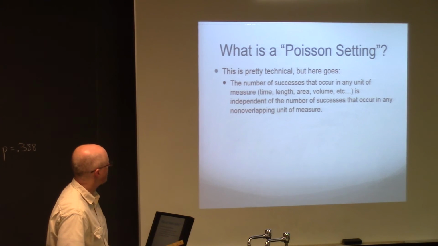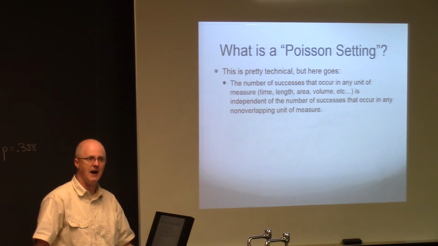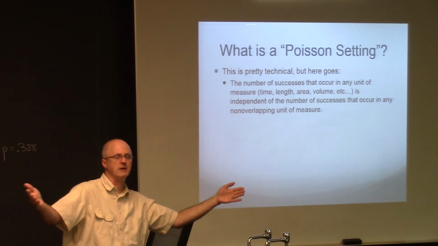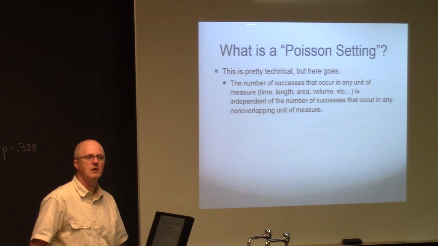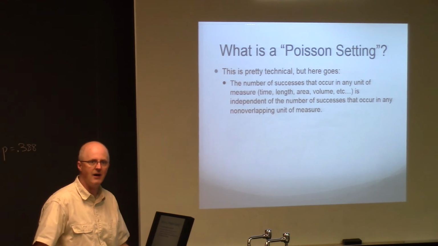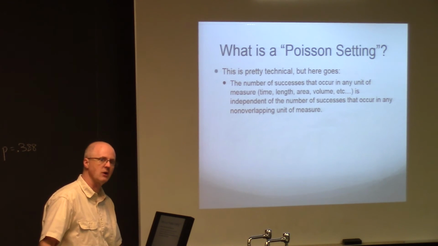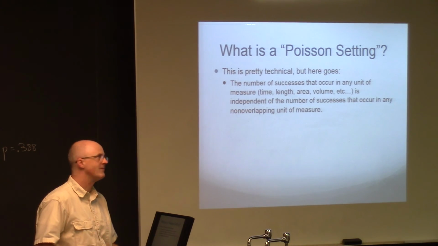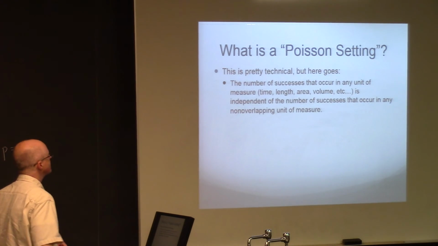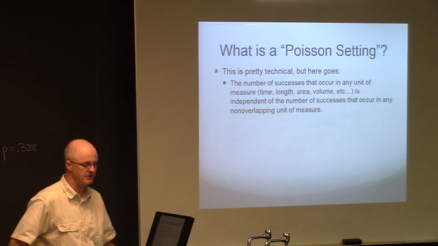To technically be a Poisson setting, the number of successes that occur in any unit of measure, like the unit of time, like 1 hour or 1 day or 1 year, or length, like a foot or a meter, or a kilometer or a mile, or area, like an acre, or a square mile or a square kilometer, or a volume, like a liter, is independent of the number of successes that occur in any non-overlapping unit of measure.